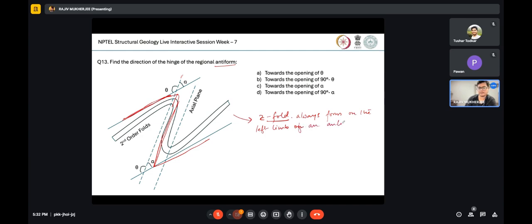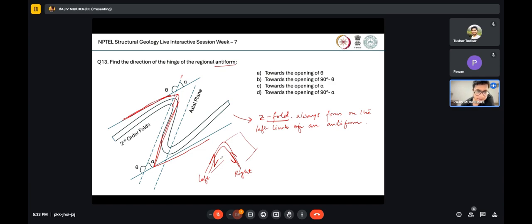So if this is an antiform, you will find the Z fold in this limb and the S fold in the right limb. This is the left limb and this is the right limb. So an antiform will have a Z fold in the left limb.